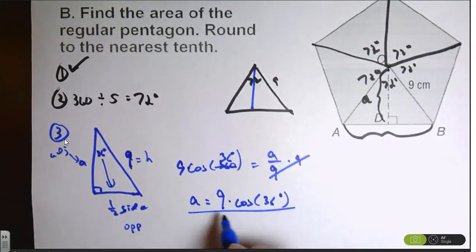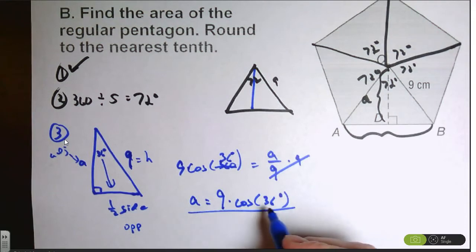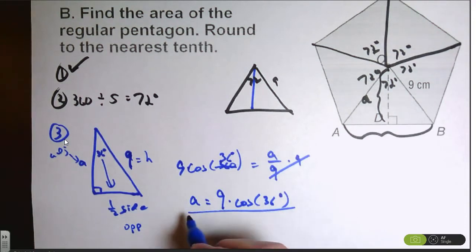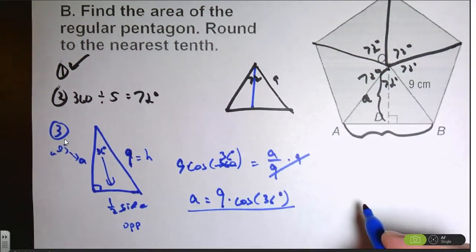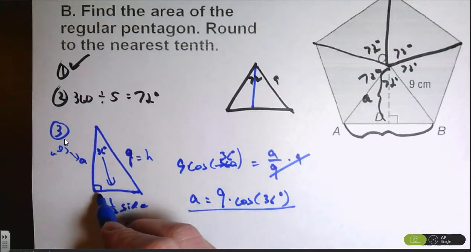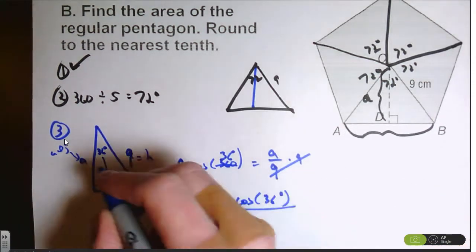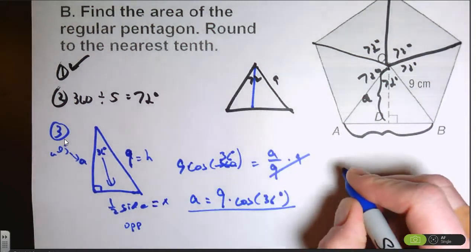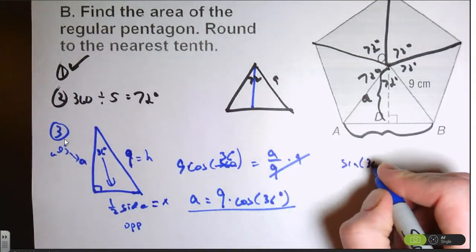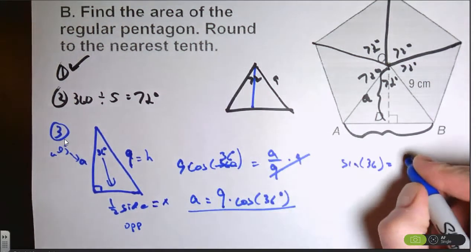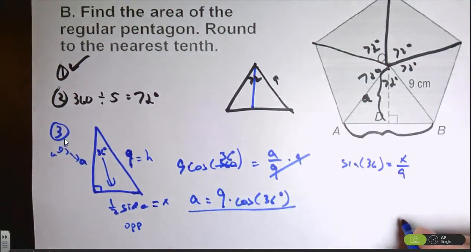Now the book actually leaves it exact like this. If it bugs you, go ahead and find the decimal approximation. But I'm going to leave it exact because I'm going to keep it like the book does. Now to figure out 1/2 of the side length, which we'll call x just to make things easy, it's going to be opposite over hypotenuse, so sine of 36 equals x over 9.